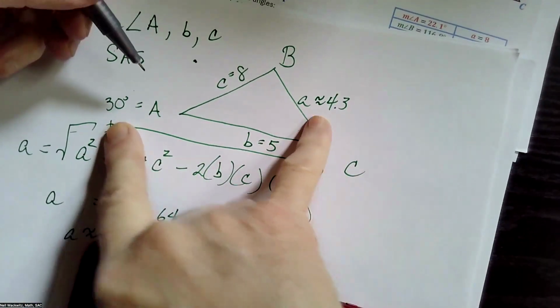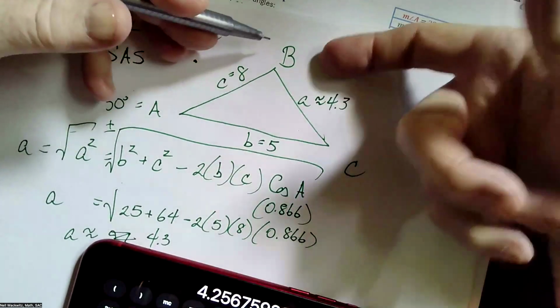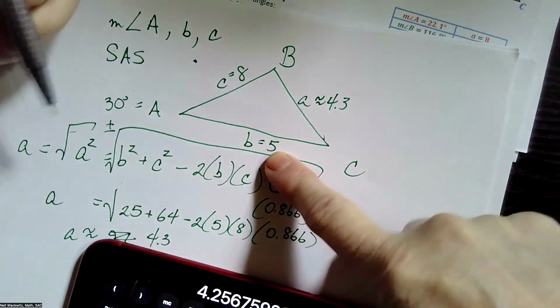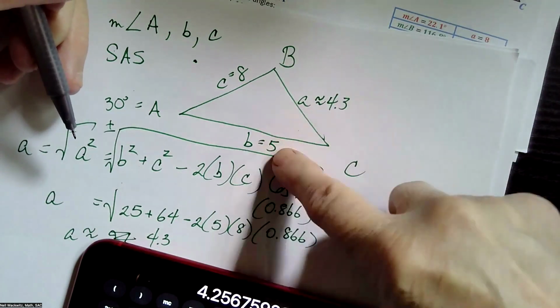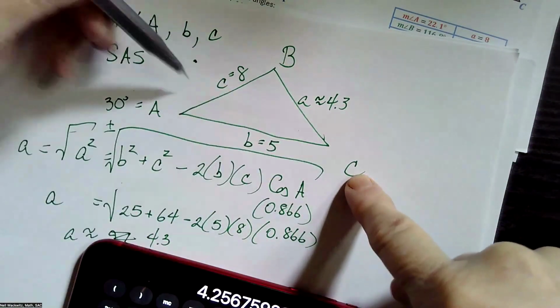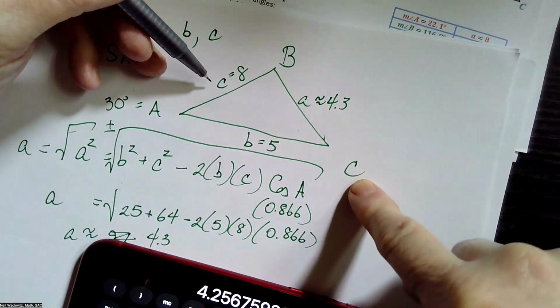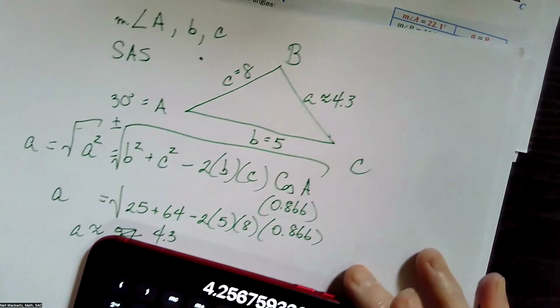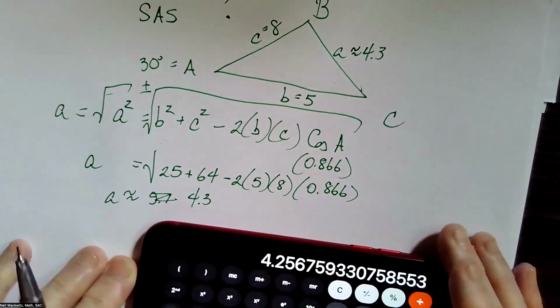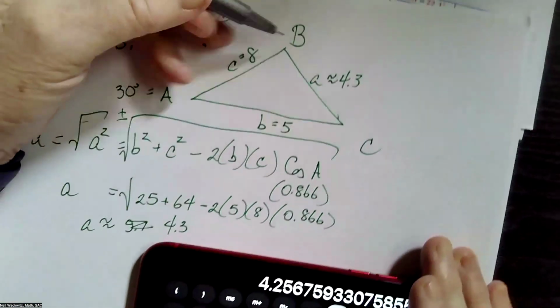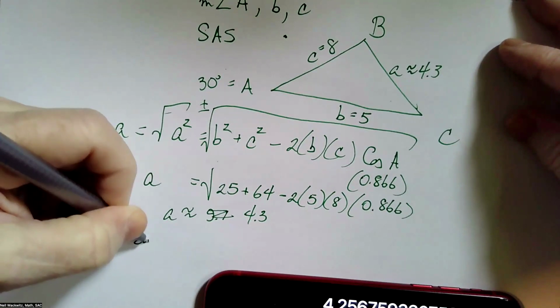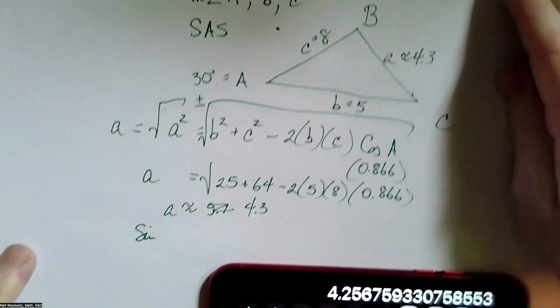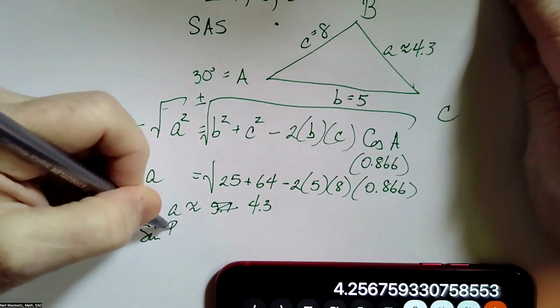So I can see from this that angle B should be a little bit larger than angle A because its side is a little bit longer, and that angle C is going to be quite a bit larger because its side is longer. So let's use the law of sines to find angle B. Since I'm looking for angles, I'm going to put the sines on top.